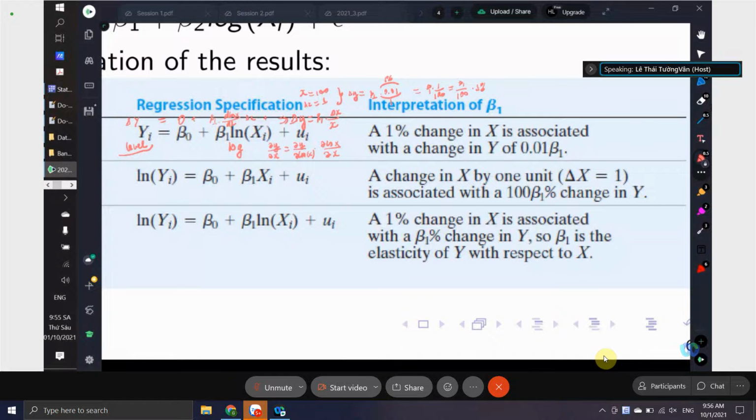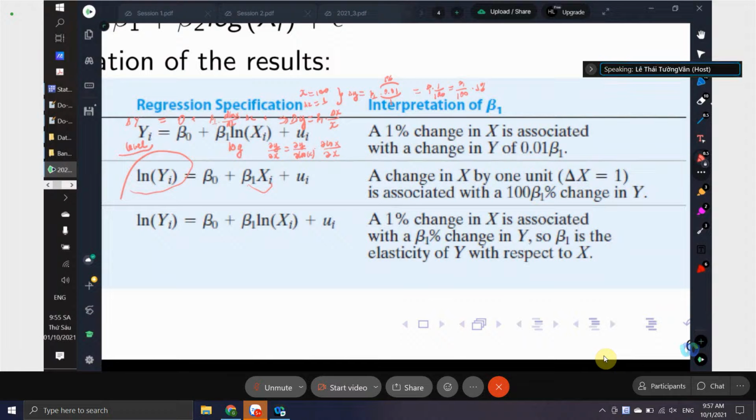If the dependent variable is the log, and the x variable is in the level, then the interpretation is a change in x by 1 unit, because x is in levels, right?